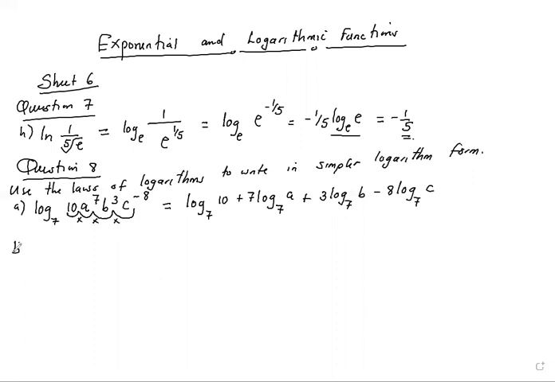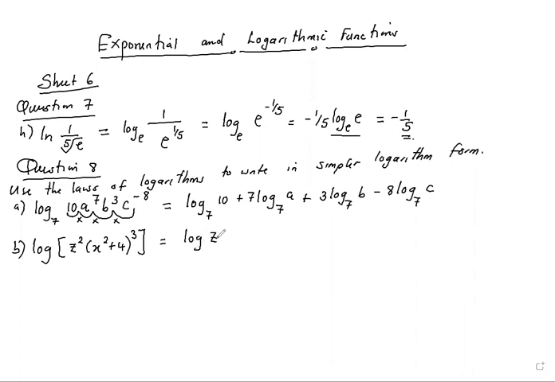Look at B. B is the log. The base is not mentioned, so we know the base is 10. If we want to write it, we put it. And then x squared plus 4, everything to the power 3. So this becomes the log of z.